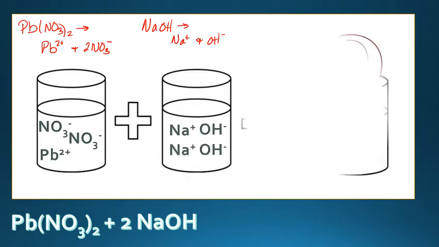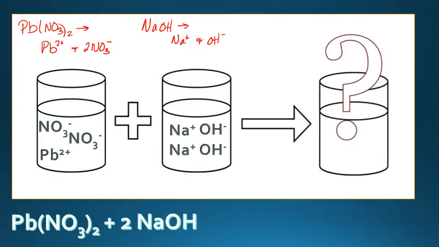When I combine these two together, what do you think's going to happen? Well, I do end up with a solid, and I end up with ions still floating around in the solution. Who do you think the lead is going to hook up with? Because it told nitrate to bug off, so it's not going to hook up with nitrate again.